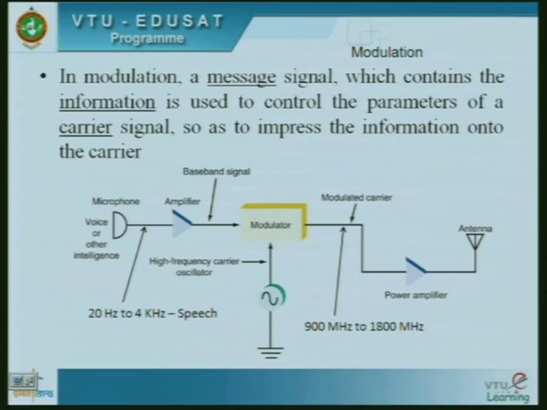That is what modulation is. Or in general, modulation is a process wherein the information signal coming out from a sensor is translated to a signal that is compatible with the channel.